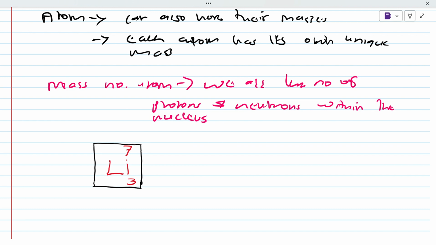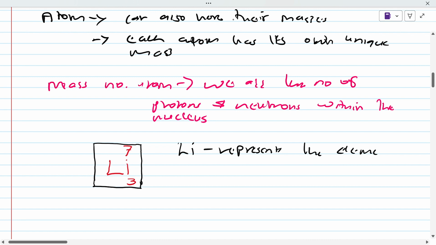Now, we can have this information given there. The Li represents the element's symbol, the symbol for lithium.